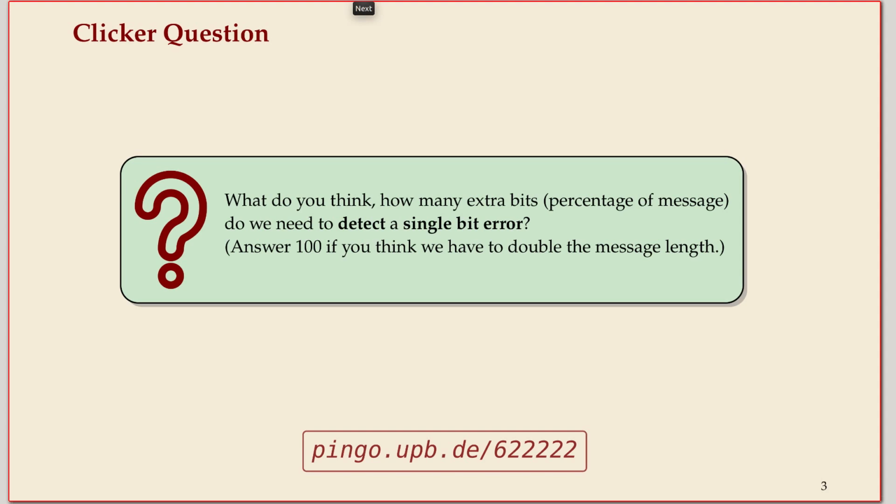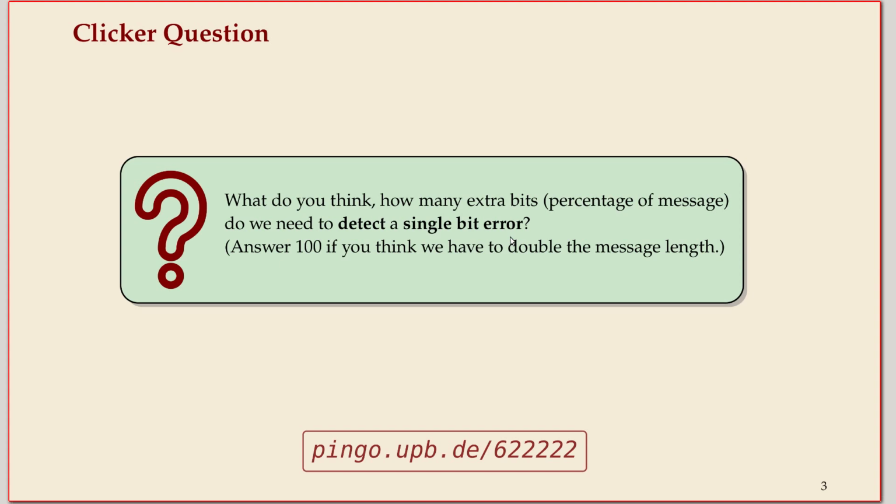Before we move on, I'd like you to just think about this question. I will pose the same question again after we covered some of the solutions, but just without knowing how to solve this, think about this scenario. You transmit a certain amount of bits from a sender to a receiver, and you'd like to be able to detect whether a single bit in this message has been flipped.